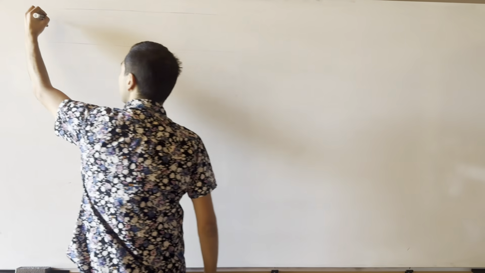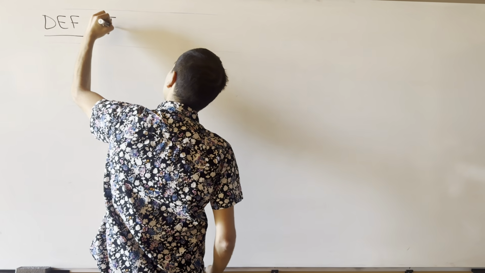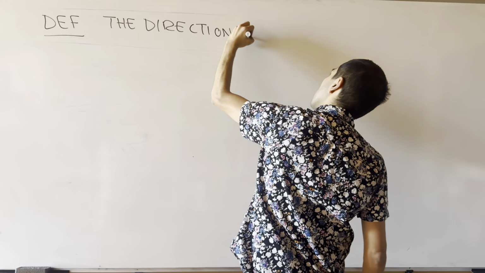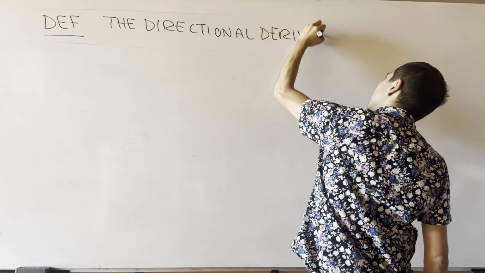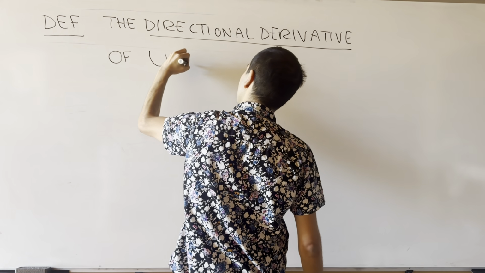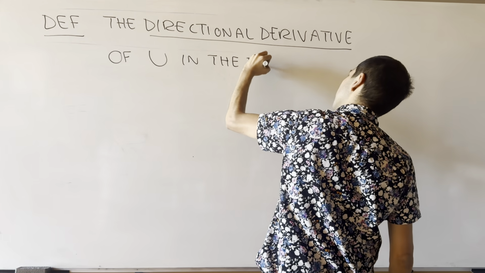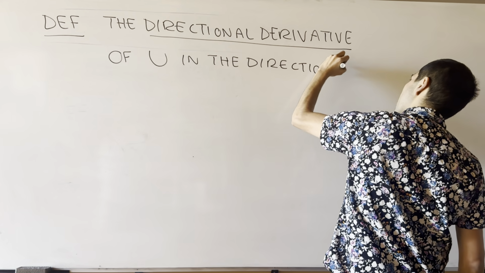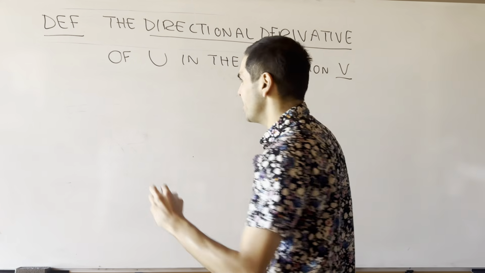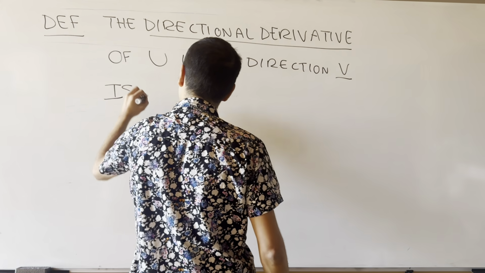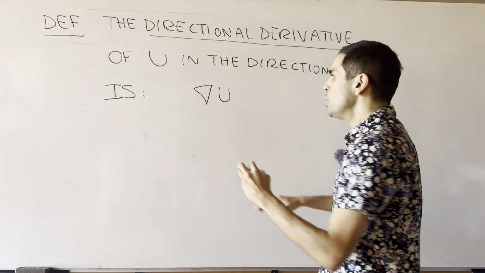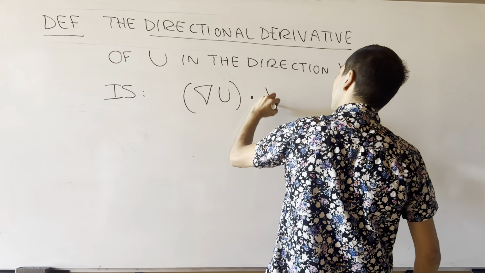So, definition: the directional derivative of u in the direction v, and I'll post a slightly controversial definition, is, namely, all you do, you take the gradient of u and you dot it with the vector v.